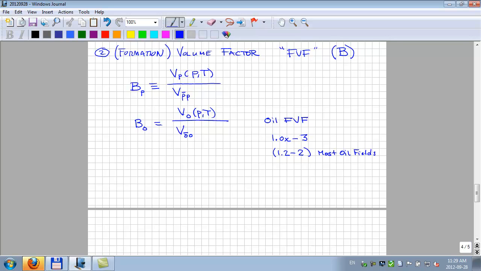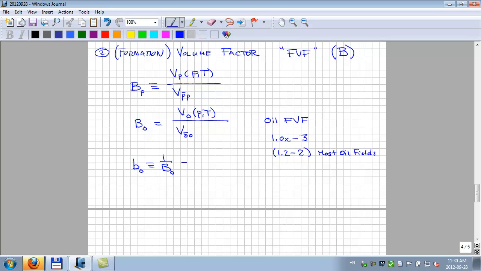Now, what does it really represent? It's easier to think of it upside down. Upside down, and we sometimes use that, it would be the inverse oil volume factor. Little b is just defined as 1 over BO, little bo.